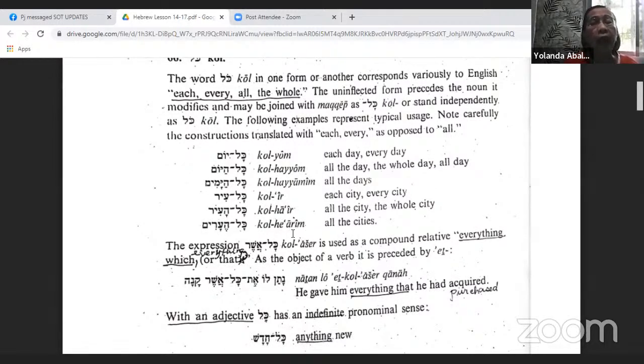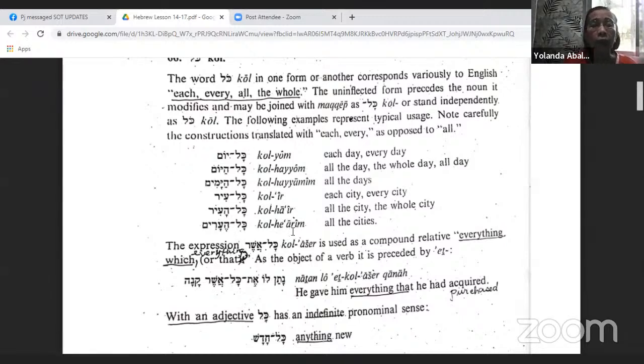You do not say ha'arim. Remember, if the ha article is followed by guttural letters such as alef, ayin, and resh, the ha article will change form into he. So it becomes he'arim.